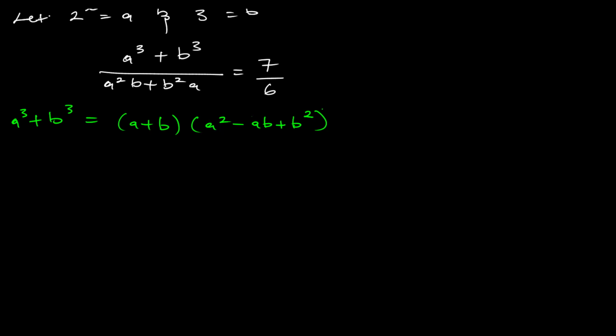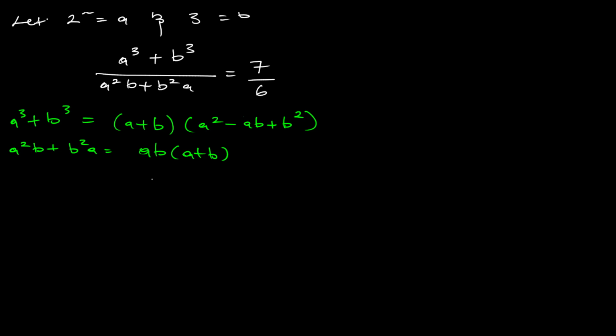Now let's write what the denominator would be when we factor out ab or factor out a plus b. So a squared b plus b squared a would be the same thing as ab times a plus b.